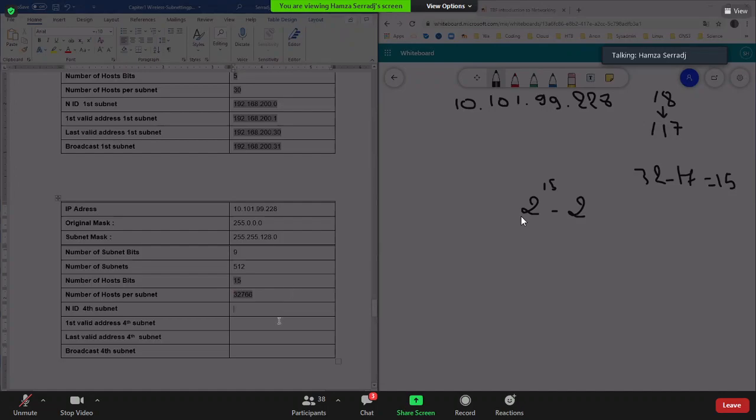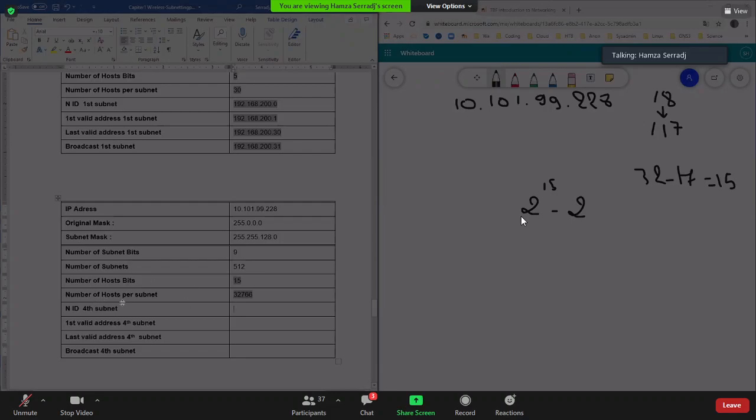So this means I have 512 different networks after I did the subnetting, and in each network I will have 32,766 valid IP addresses.